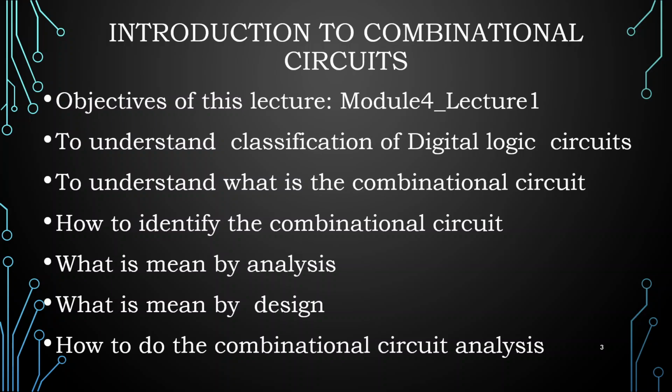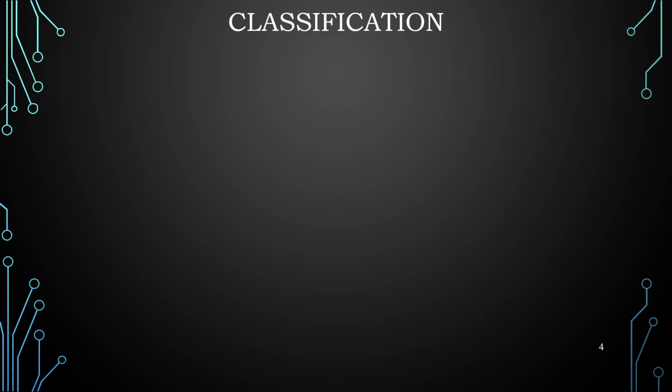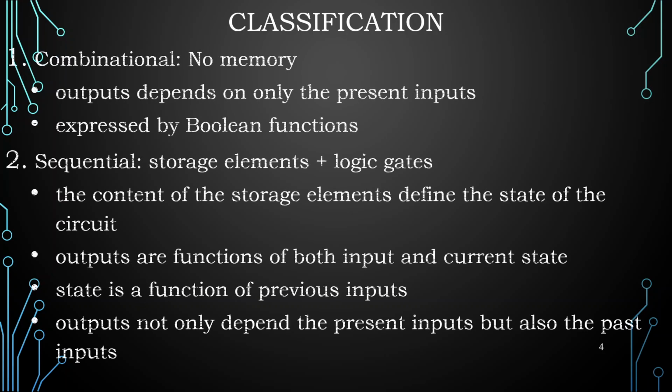If you look at the classification of digital logic circuits, it is of two varieties. Variety 1 is combinational, variety 2 is sequential. In a combinational circuit, there will not be any memory. Output depends only on the present inputs, so output is a function of inputs. In a sequential circuit, which is the second category of digital logic circuits, there exist storage elements or memory along with the combinational circuit or logic gates.